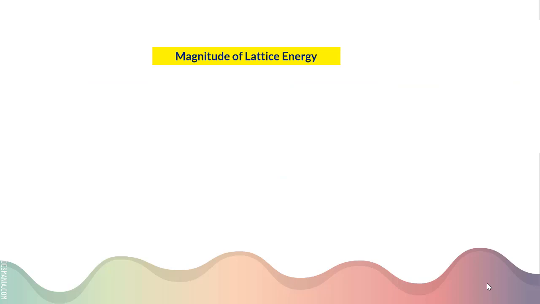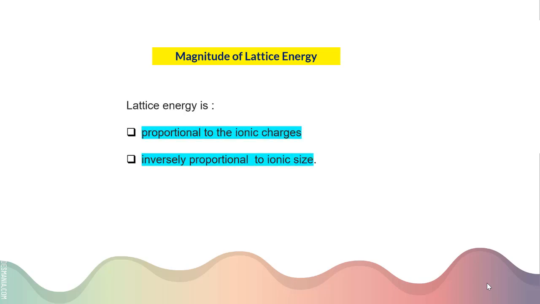Magnitude of lattice energy. The magnitude of lattice energy of an ionic compound depends on ionic charges and ionic size. Lattice energy is proportional to the ionic charges and inversely proportional to ionic size.